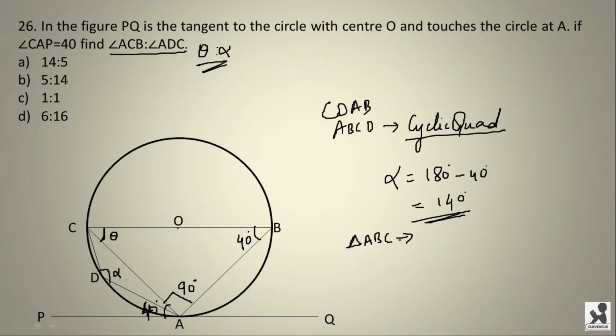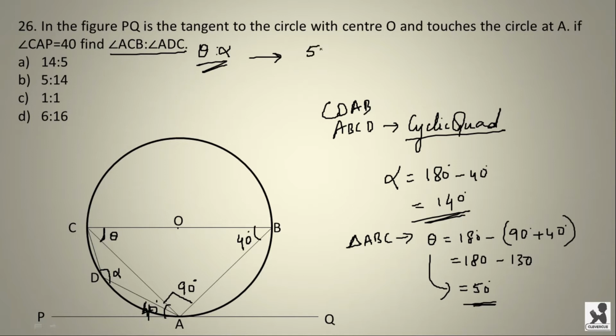So from triangle ABC, theta is equal to 180 degrees minus (90 degrees plus 40 degrees), which is 180 minus 130, equal to 50 degrees. Now theta is to alpha is 50 degrees is to 140 degrees, which is 5 is to 14. So angle ACB is to angle ADC is 5 is to 14. Option B is the right answer.